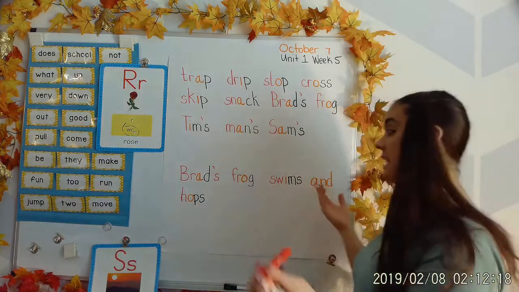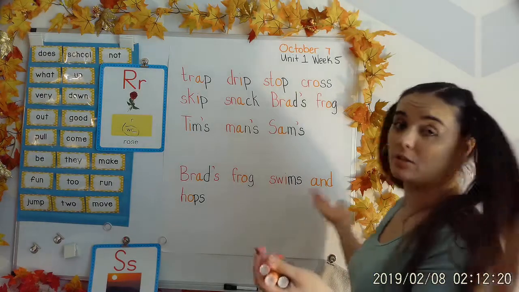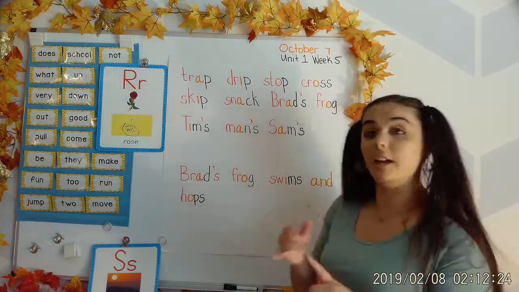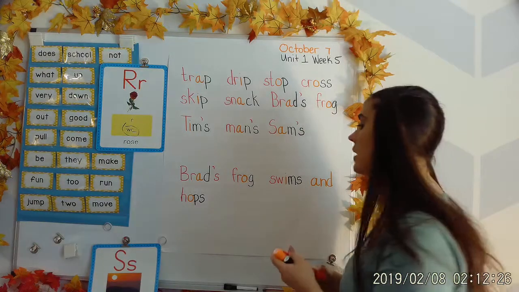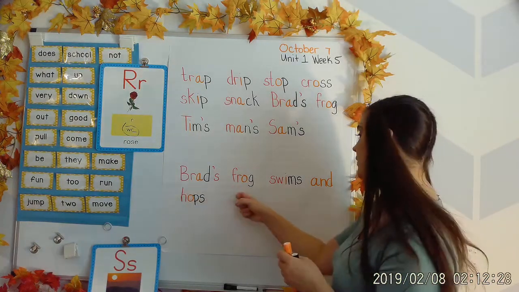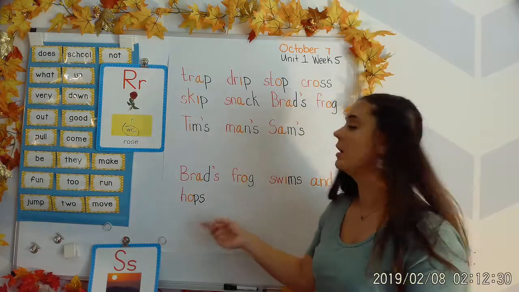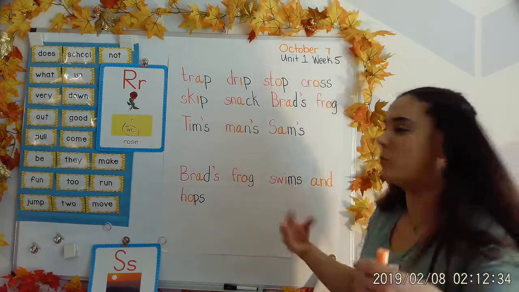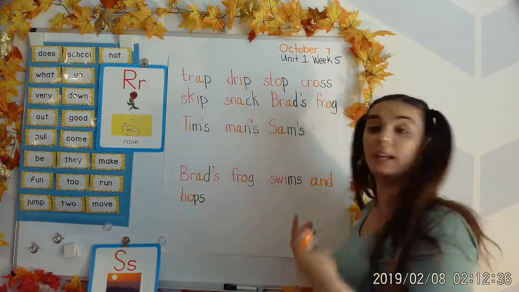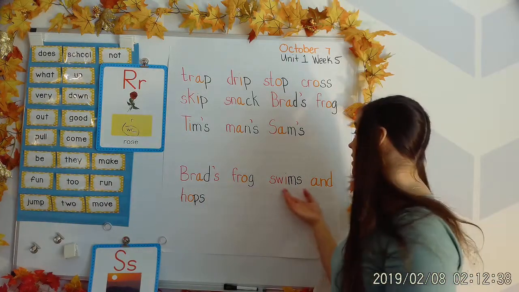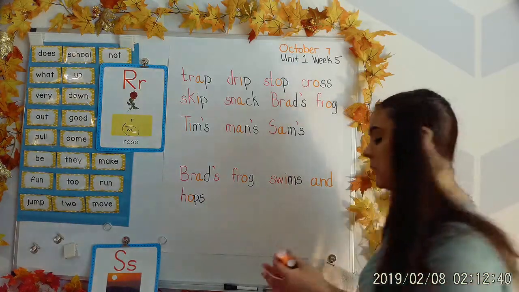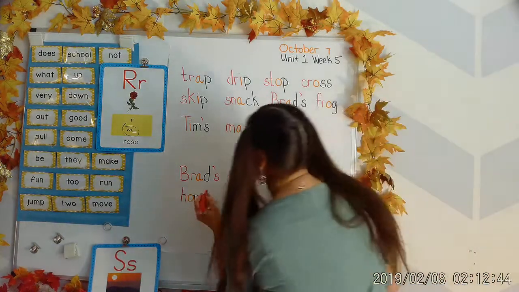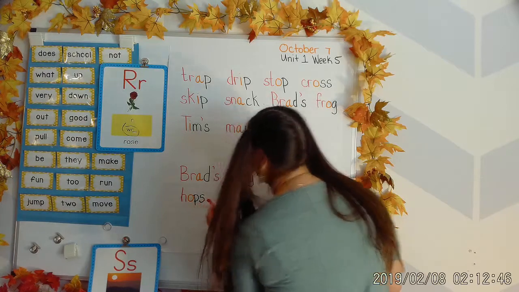Do we think that he's asking something? No, it's not asking something because it doesn't have an answer. So it's not a question mark. I don't think that'll be an exclamation point either because we're not necessarily saying it with a whole bunch of oomph. We're just kind of letting you know, hey, Brad's frog, he swims and he hops. Isn't that pretty cool? So that means it's a statement. It needs to have a period at the end.